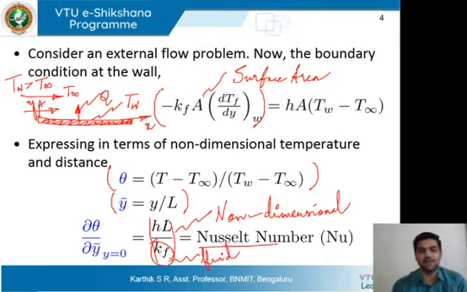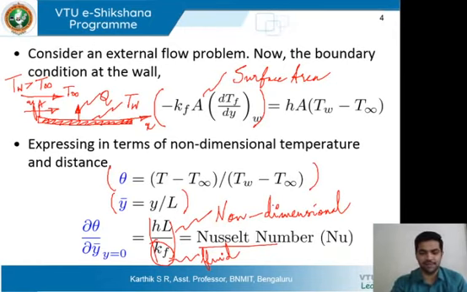So please be careful. The Biot number is not related to the Nusselt number, even though it appears the same. The Biot number is with respect to conduction and the Nusselt number is with respect to convection. There you have to take the conductivity of the solid material. Here we are concerned about the conductivity of the fluid. Please note this difference.